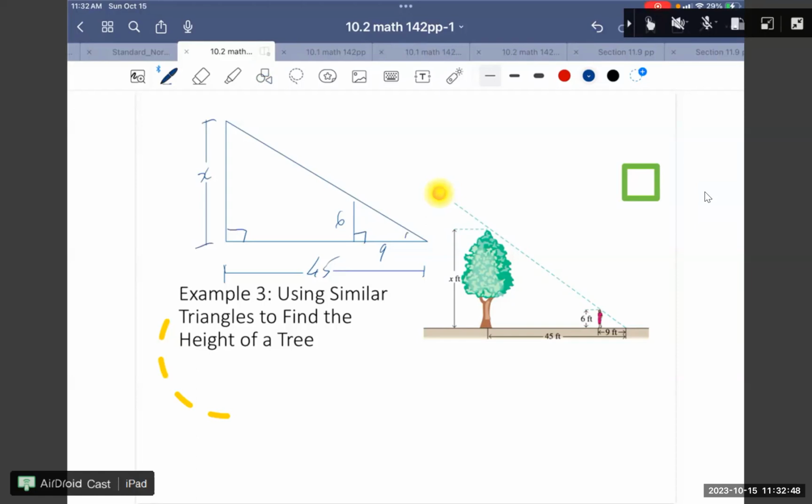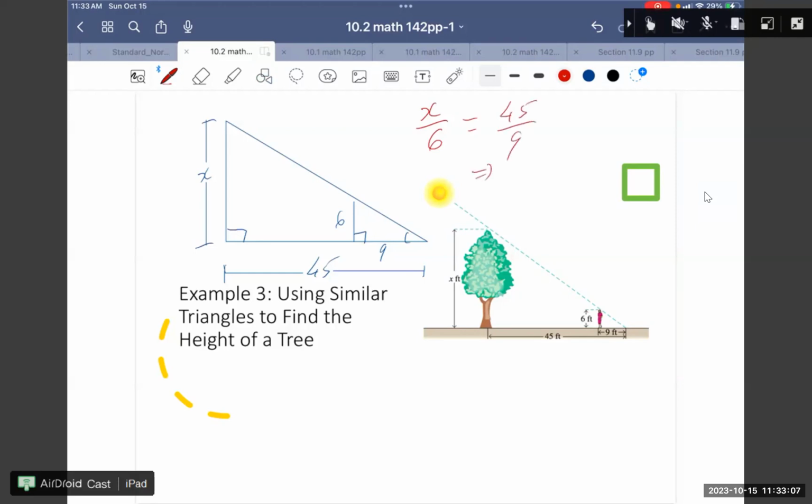So this angle right here, see this? X over 6 equals 45 over 9.